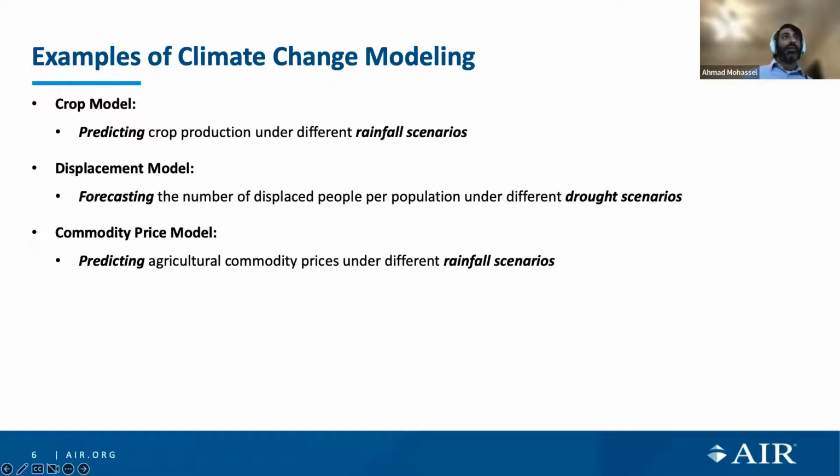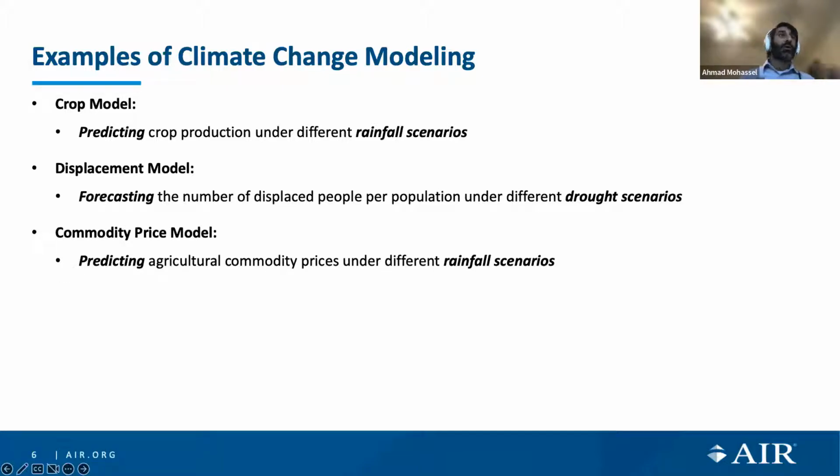When I'm talking about predicting under different scenarios, in the crop model, one of the things we do is predict crop production under different rainfall scenarios. If it's low or high, we could either quantify it by numbers, or make it very intuitive with different levels, like low, high, no.